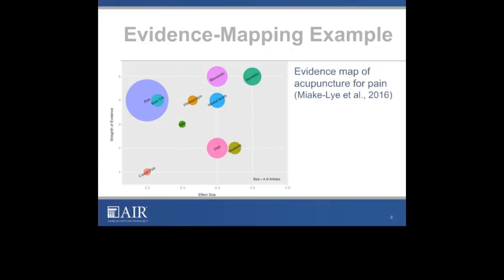Then there's also a little element of quality assessment in here, in that the strength of the evidence is measured along the y-axis. There is a scale from 1 to 5. The studies that receive a higher rating in terms of their quality assessment are ranked more towards the top, and the ones that are lower in quality more towards the bottom.